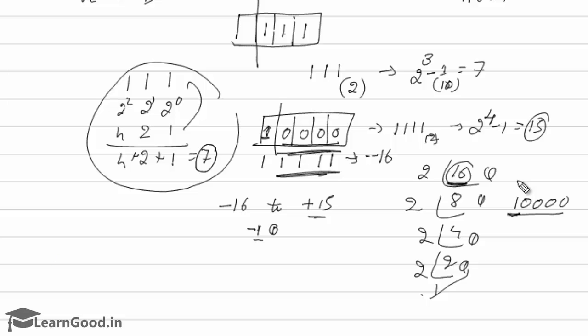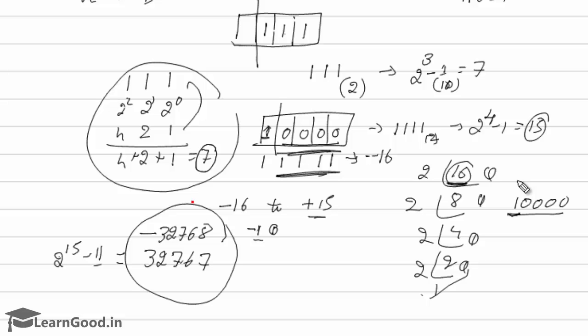What is the value you can store? 2 raised to 15 minus 1 is the value you can store, which comes down to 32,767. And the smallest value you can store is minus 32,768. So this is the range of values you can store in an integer variable in C language.